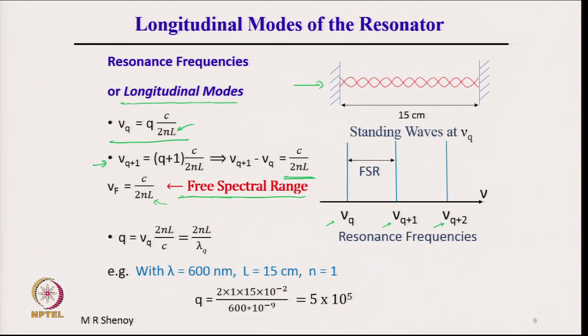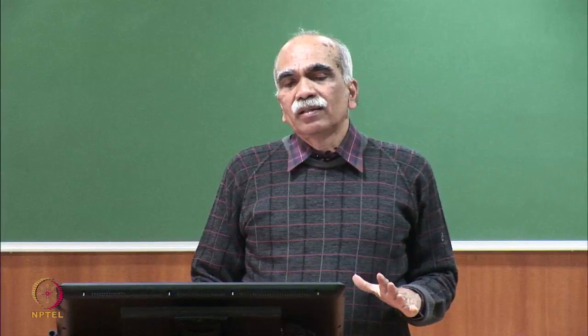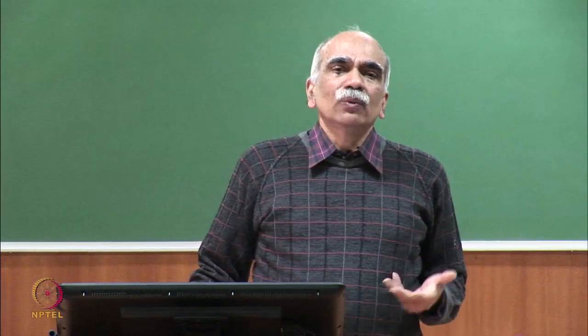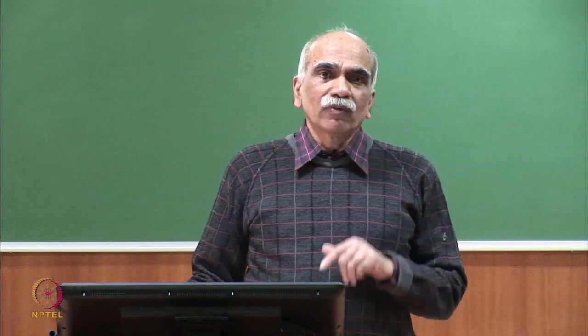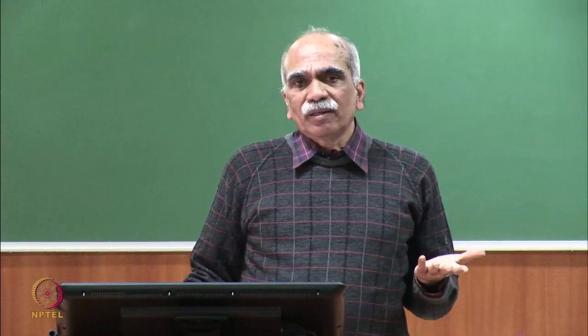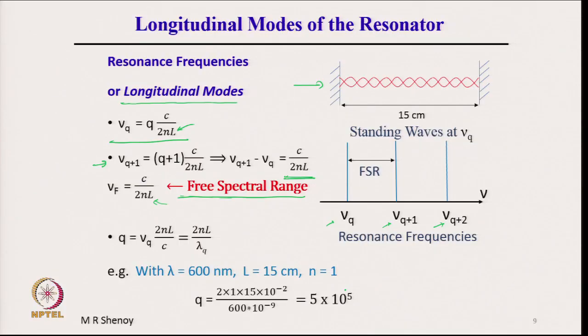To get an idea about what kind of numbers q is for light waves: normally when we write q equal to 1, 2, 3 and so on, we may try to imagine small numbers. But in the case of light waves, for practical resonators, q will be a large number. Let us take an example. Transposing, q is equal to ν_q times 2nL by c, and the frequency is c by lambda, so we get q equal to 2nL by lambda.